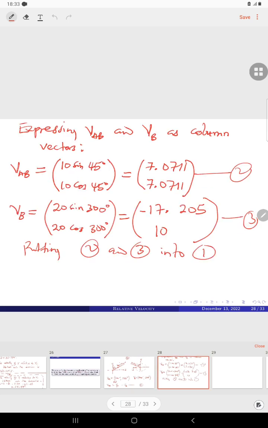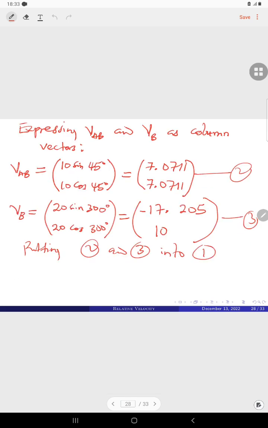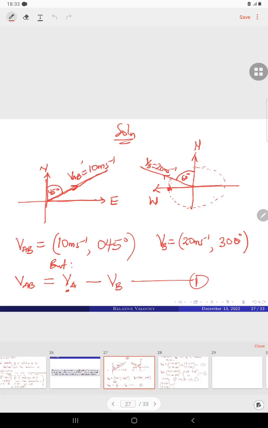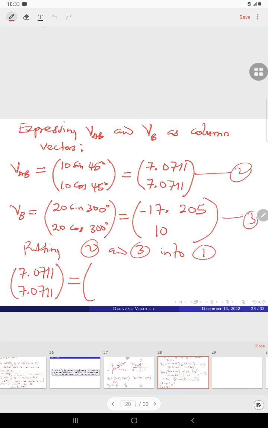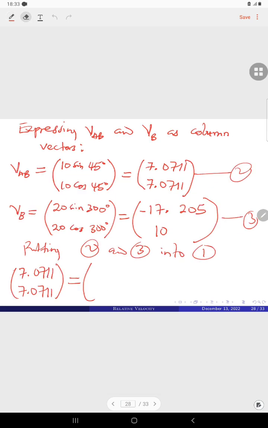So VAB is equal to 7.0711 and 7.0711, is equal to VA, which is what we have been told to find, minus our VB, which is equation 3, negative 17.3205 and 10. Look at this. Is it not amazing?